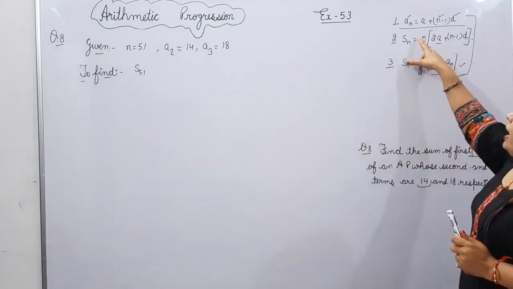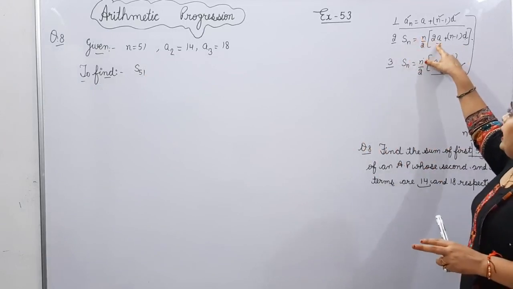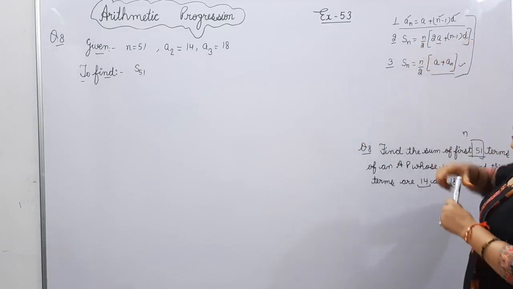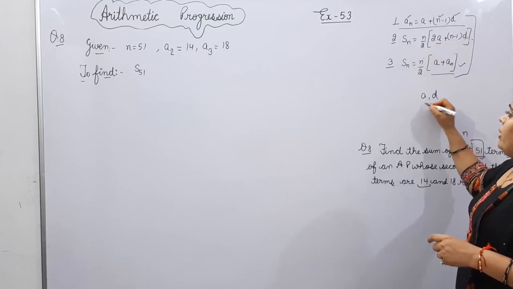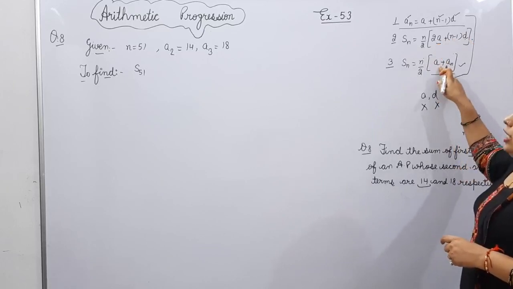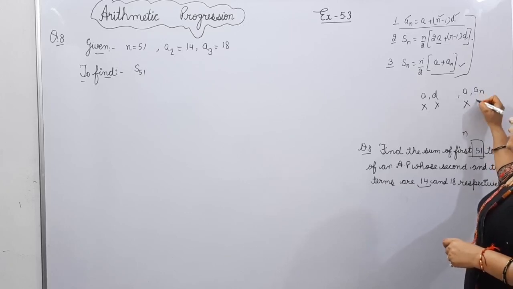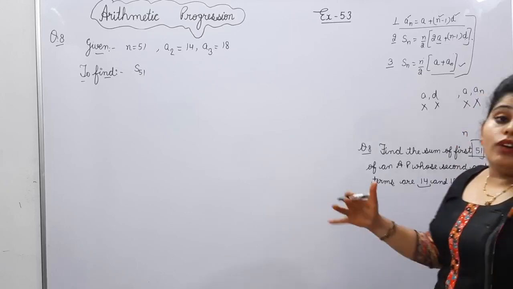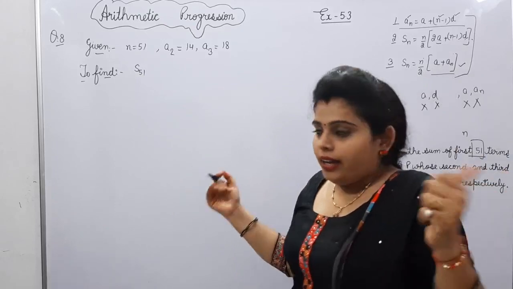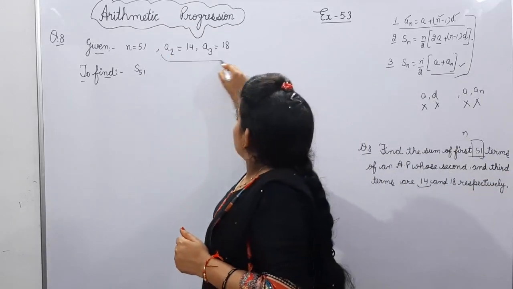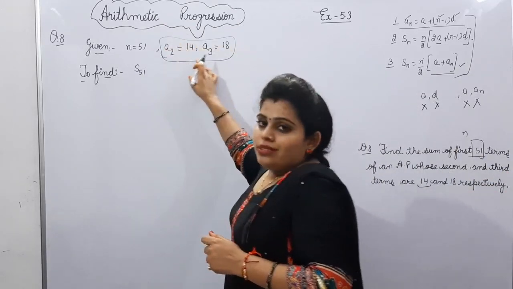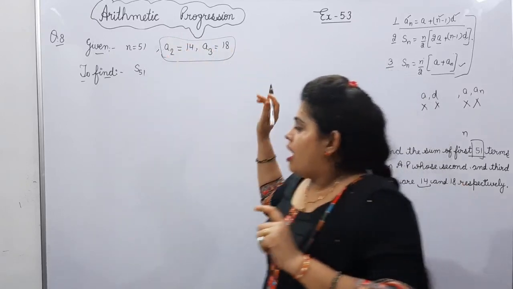In the Sn formula, n is given, a required, d required. a and d are required, but neither a nor d is given. If we choose this formula, a required, an required, but neither a nor an is given. So what will we do now? Come to these two pieces of information. We will use these two informations. How will we use them?